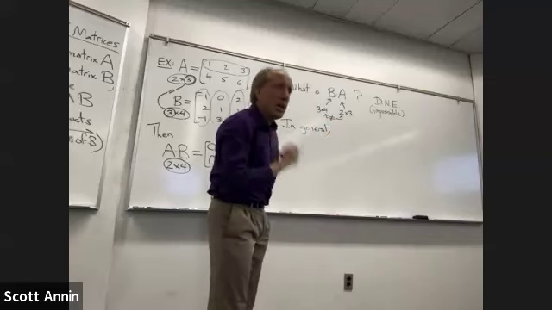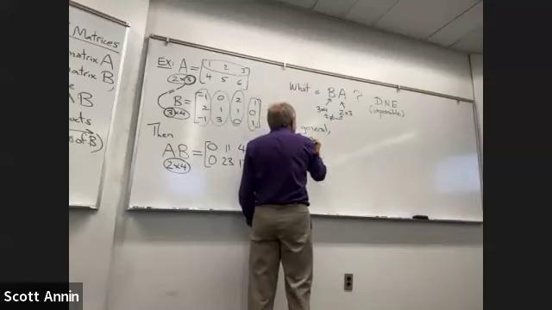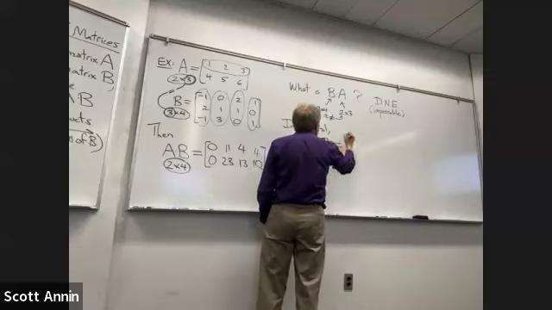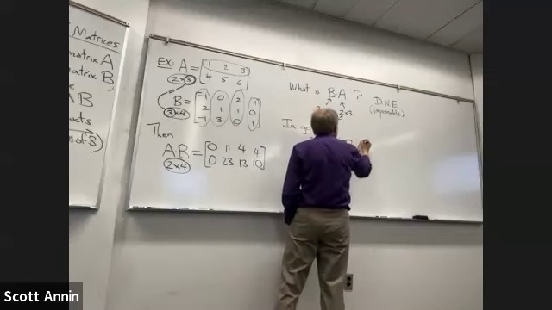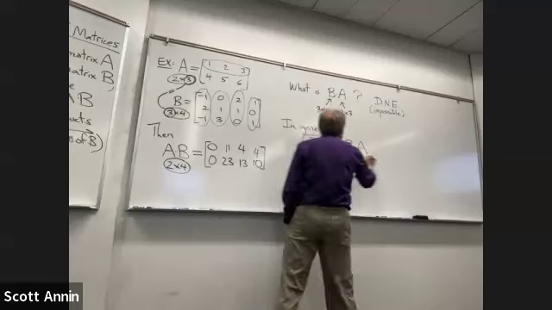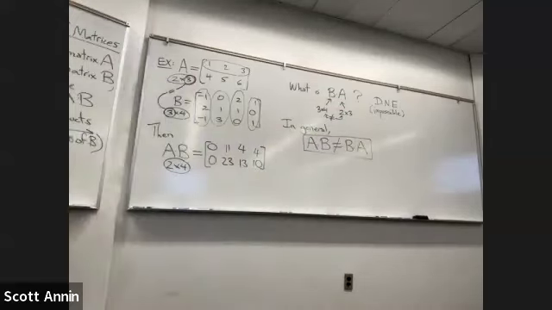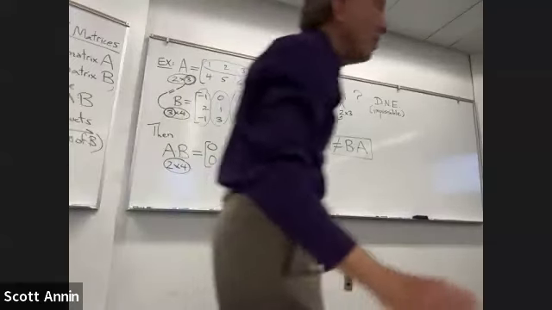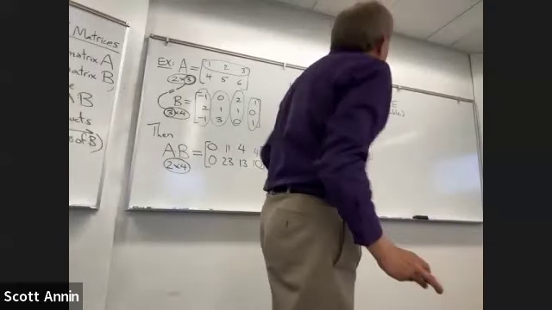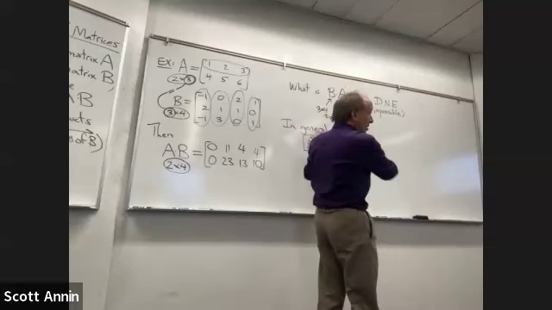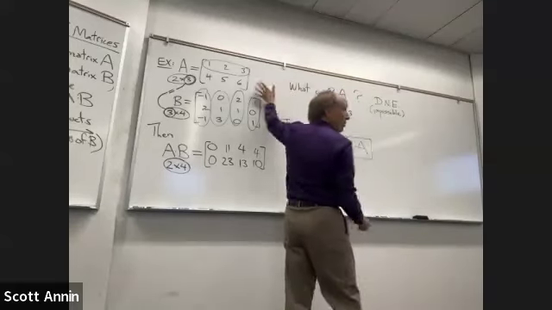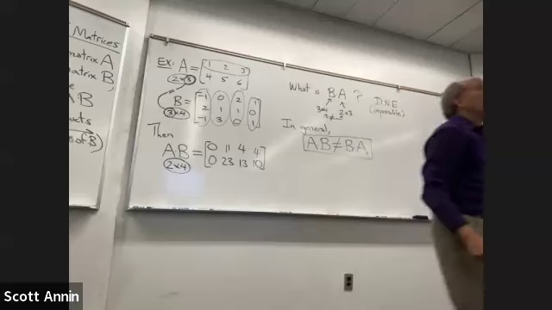And so actually, what that tells us is that in general, my friends, this is worth knowing: with matrices, it is not true that A times B has to be the same as B times A. They are not generally equal. In fact, they are almost never equal, even if they both existed. So let's say that A was 3 by 3 and B was 3 by 3.